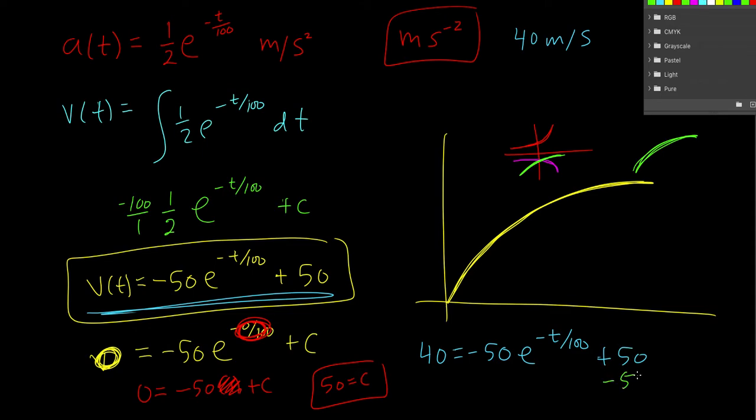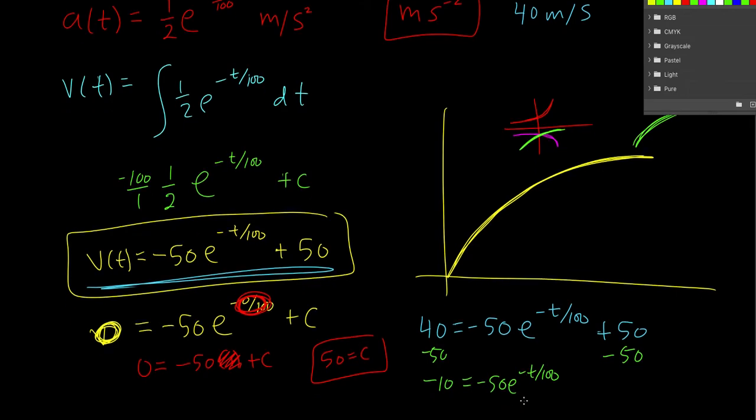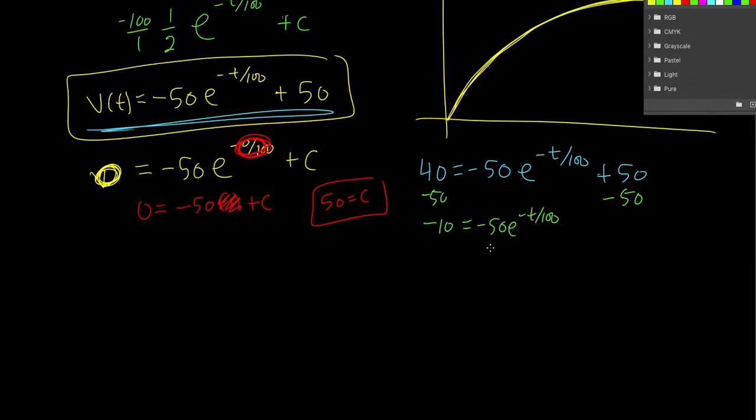So I subtract 50. It gives me negative 10 is equal to negative 50 e to the negative t over 100. And from there, we need to divide by 50. That's going to be 1/5.